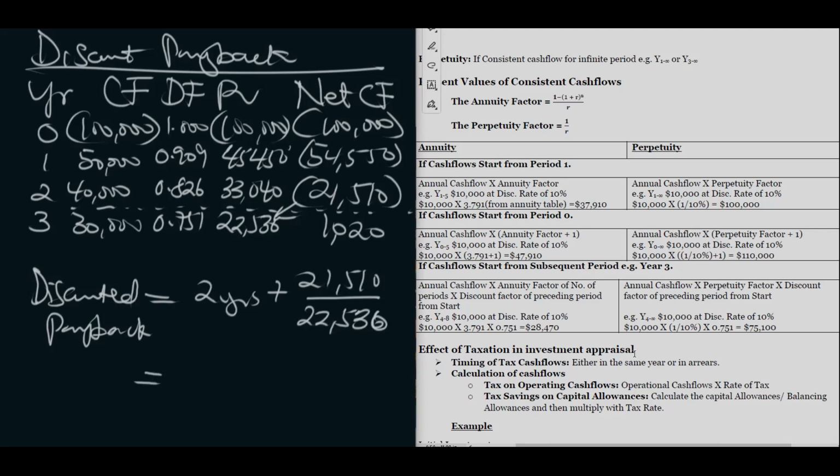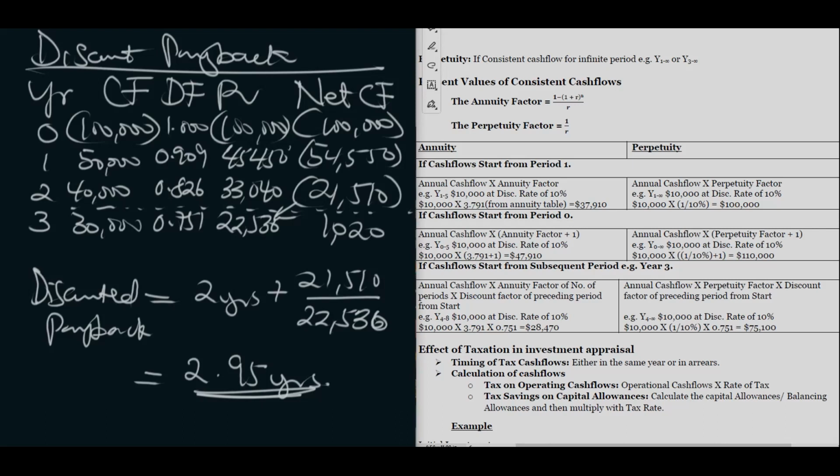That means you have 2.95 years. That means it takes you 2.95 years to recover your initial investment. But if you want it in months, you can multiply the whole thing by 12. So you have 2.95 by 12. And that means it will take you 35.4 months. Or you can just multiply the 0.95 by 12 to get the months, which will be 11 months.